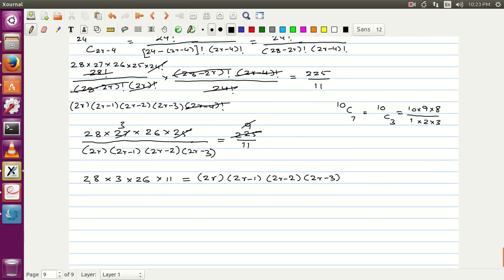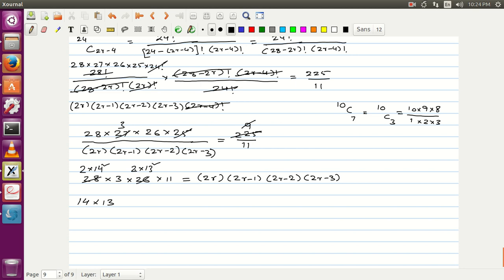Now let us write 28 as 2 times 14. Let us write 26 as 2 times 13, right? So we know that this expression we can write as 14, which is over here, times 13, which is over here.